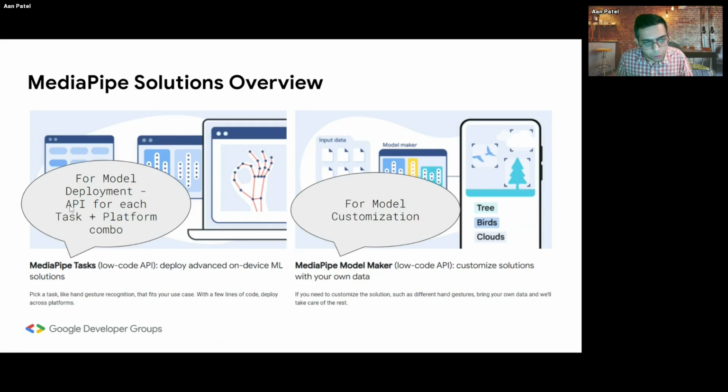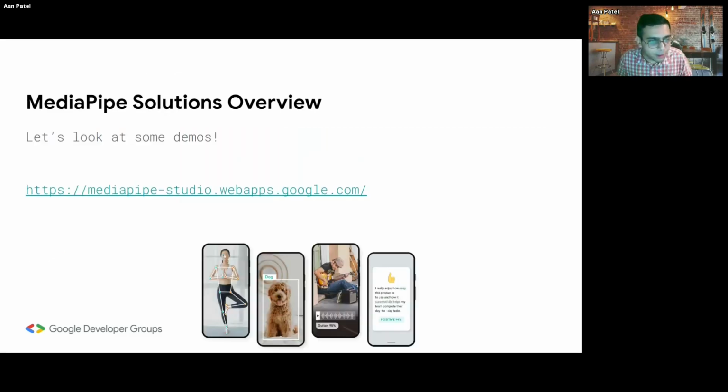So these two go hand in hand, and today we'll be focusing on MediaPipe Tasks in particular, and specifically their text tasks API for the web, since we are looking at how we build a React app.